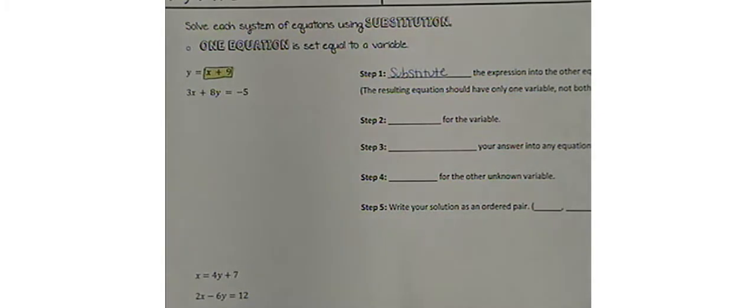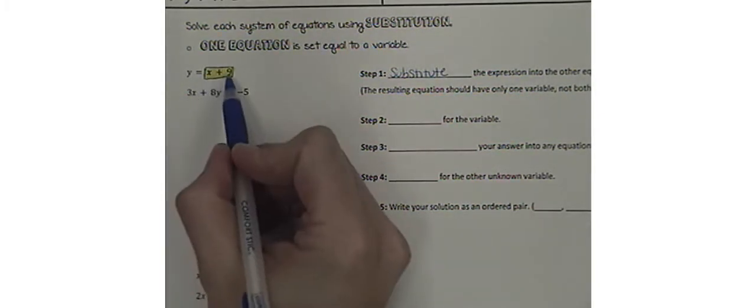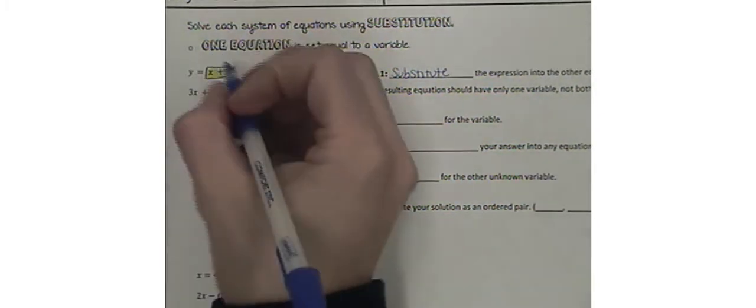So what that means is I'm going to take this x plus 9 right here, and this is what y is equal to. So I'm going to plug this x plus 9 into my second equation where I see the y.